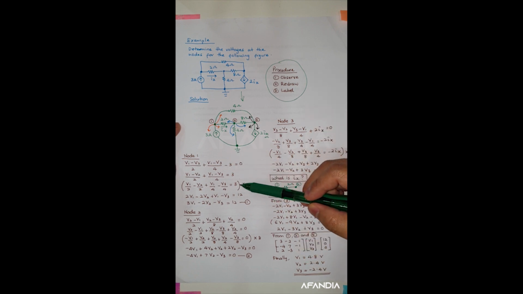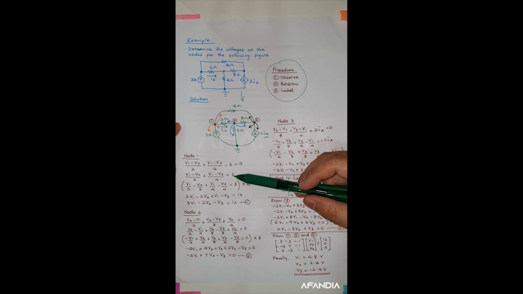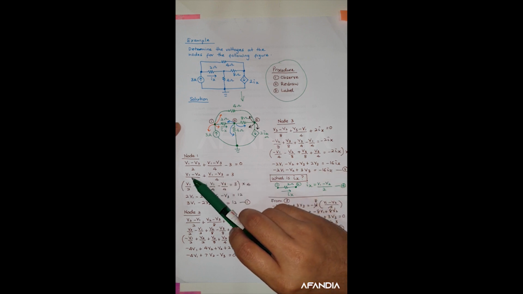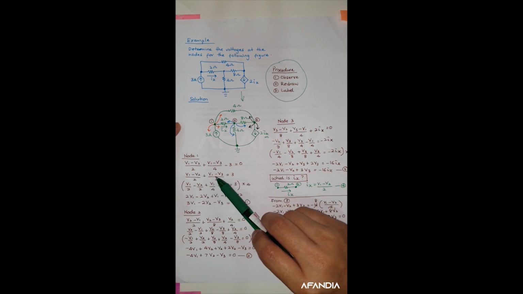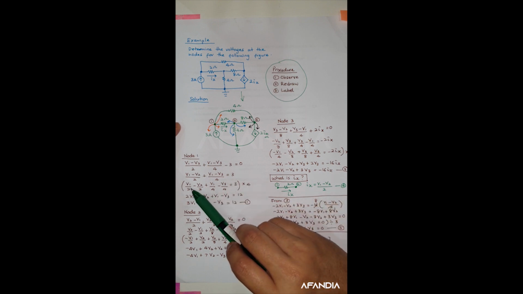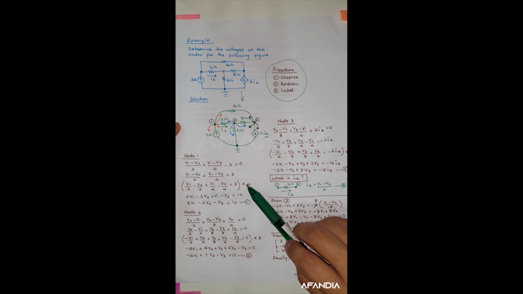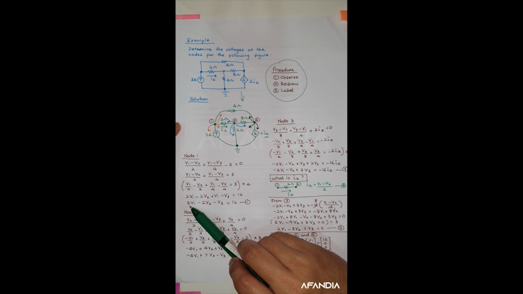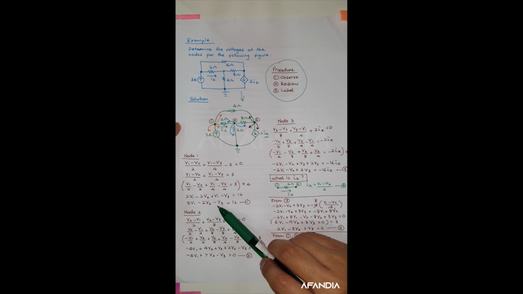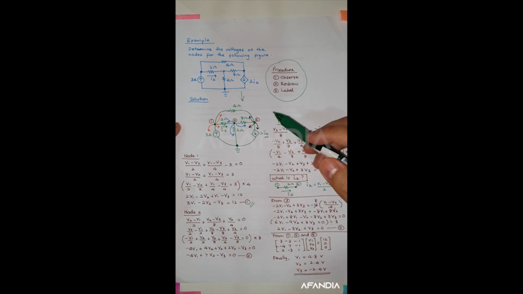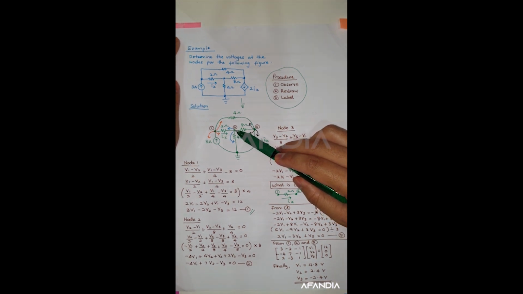The rest is just a matter of simplification, and I believe you can follow through one by one because it is very straightforward. For example, I rearrange the terms from minus 3 into equal to 3, and then I multiply with 4 to simplify the equation until finally we get 3V1 minus 2V2 minus V3 equal to 12, and this is equation 1.